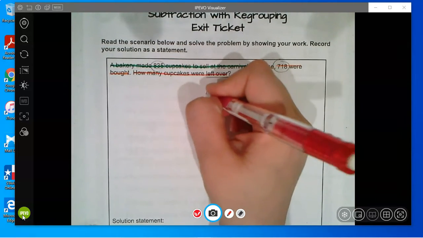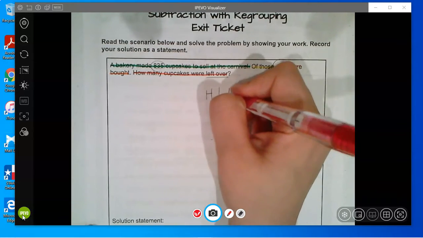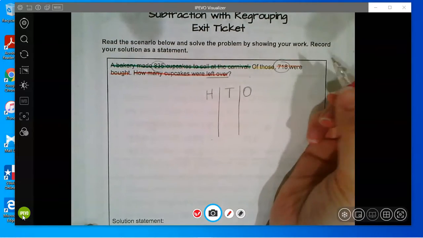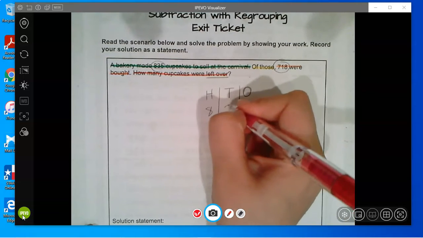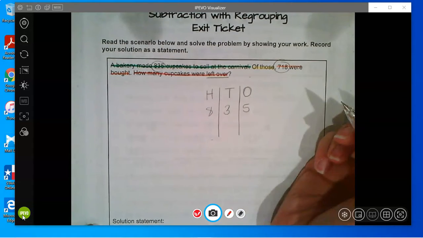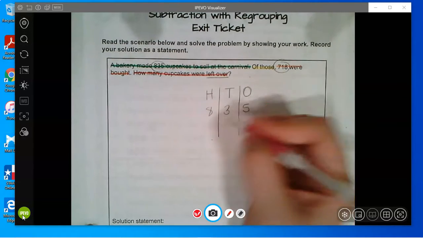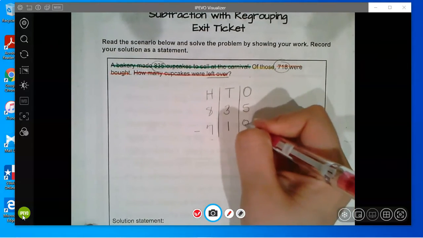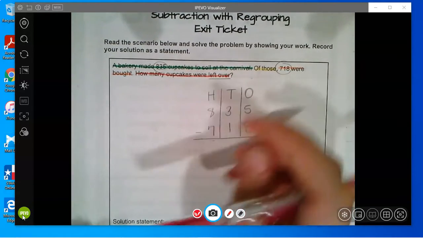So if you need to write your hundreds, tens, and ones chart to help you, I would do that. And I would write 835. We start always with the biggest number, minus 718 equals.